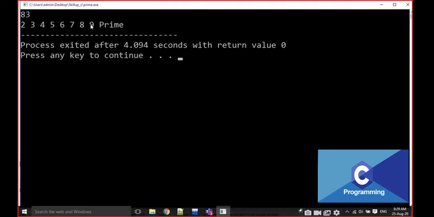But in the previous cases, it is repeating from 2 to 82, that means nearly 81 times. Instead of 81 times, here it is repeated only for 8 times.